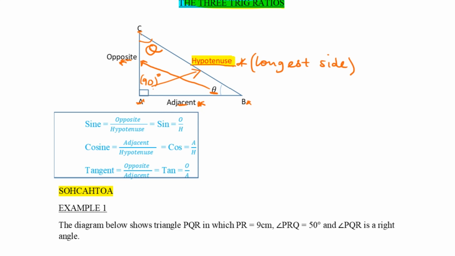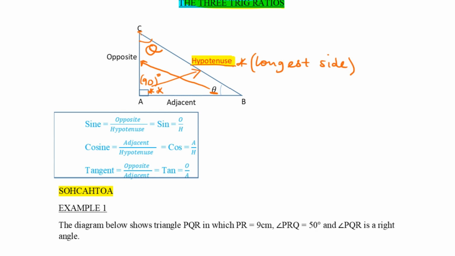Now since we said there is a relationship between the sides and the angles, the hypotenuse is the longest side, and you can also mention that in a right angle triangle, the largest angle is the 90 degrees angle, the right angle itself.